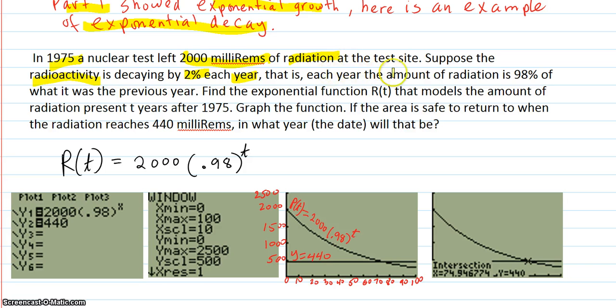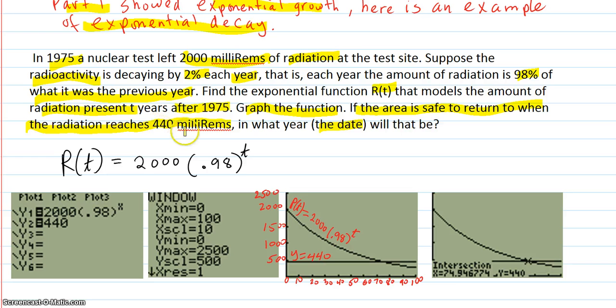That is, each year the amount of radiation is 98% of what it was the previous year. Find the exponential function R(t) that models the amount of radiation present t years after 1975. So 1975 is year 0. Graph the function. If the area is safe to return when the radiation reaches 440 millirems, in what year, the actual date, will that be?